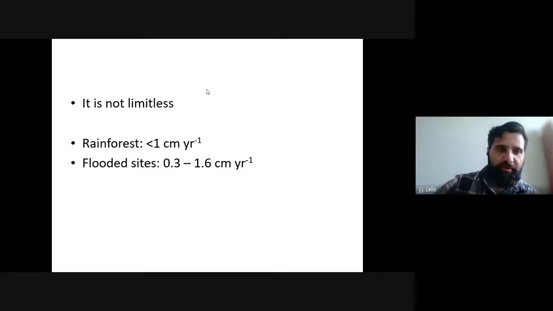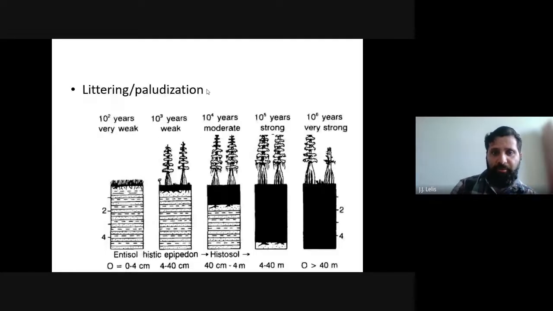This process is not limitless, because the formation of an organic horizon depends on the producing of the organic material, and we have the decomposition of the organic material, but also the plants couldn't survive in very thick organic layers. They need mineral materials, because in general, these organic layers or horizons are very poor in nutrients.